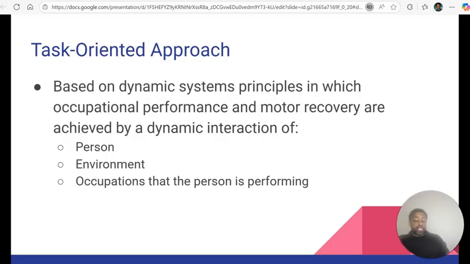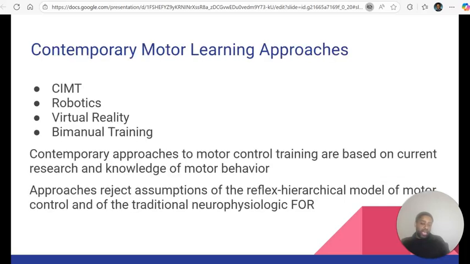Task-oriented approach is essential for motor recovery, and task-oriented approach is of course, engagement in salient activities within one's context, and of course, it is closely related to the PEO model as well, right? The person, the environment, and the occupation in which the person needs to engage.